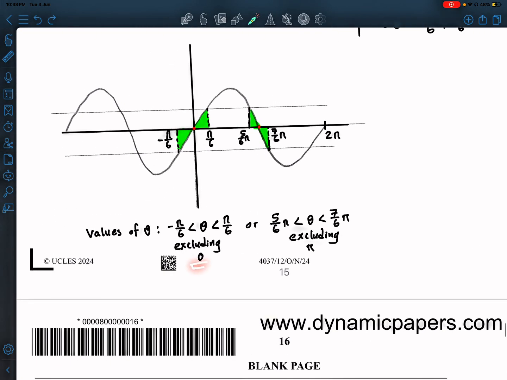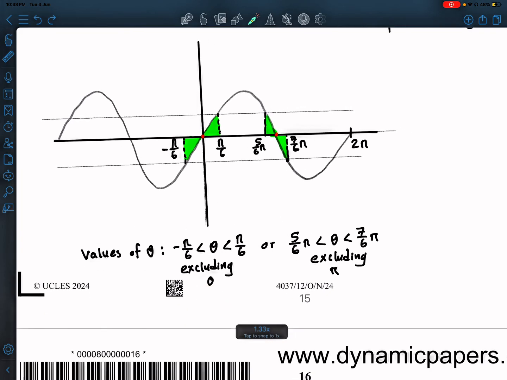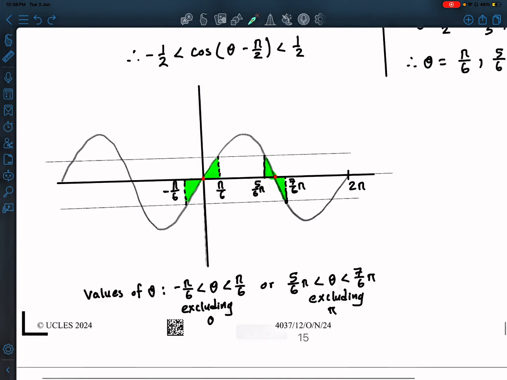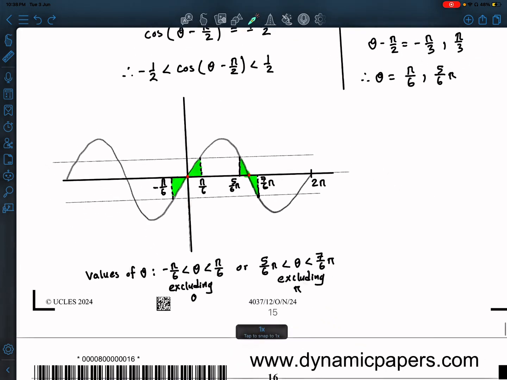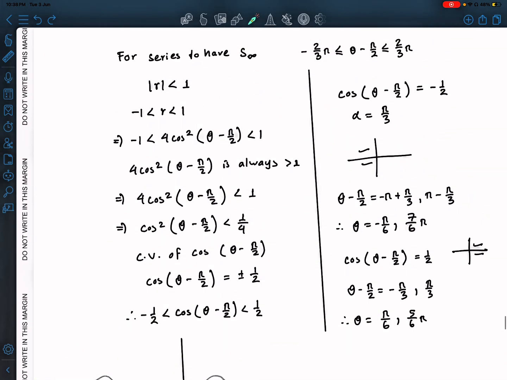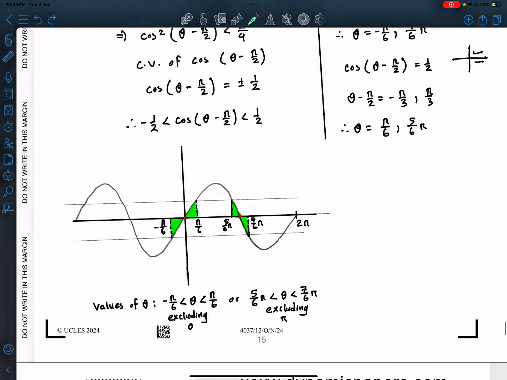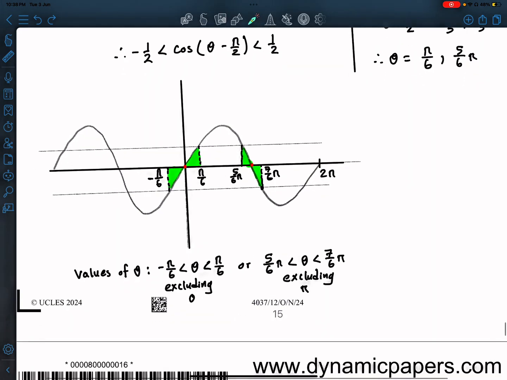All of this is excluding 0 and pi, because then we would get cosine to be equal to 0, and the common ratio would be equal to 0. We can't have a common ratio equal to 0 because that would not make a geometric series and our sum to infinity would be invalid. So it's excluding 0 and excluding pi.